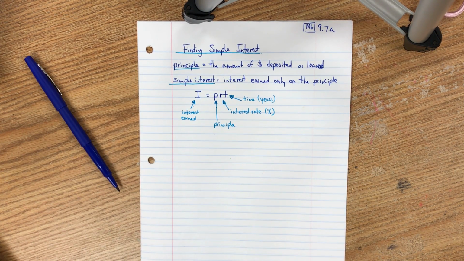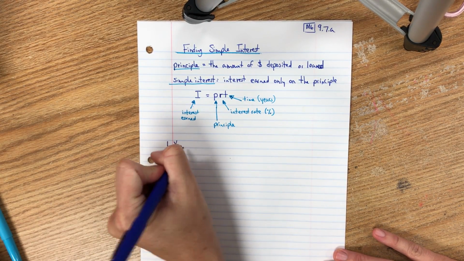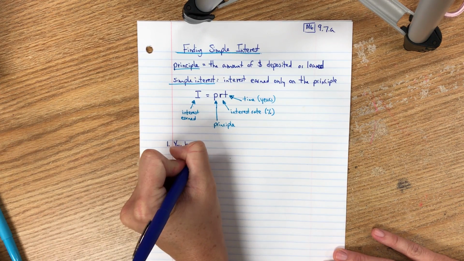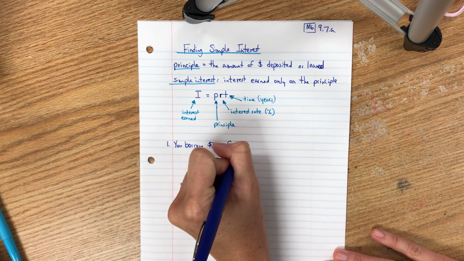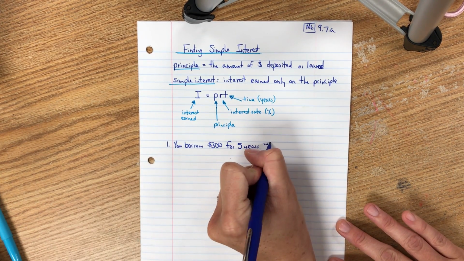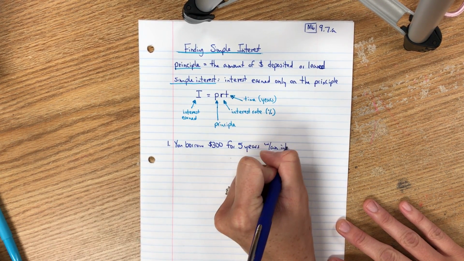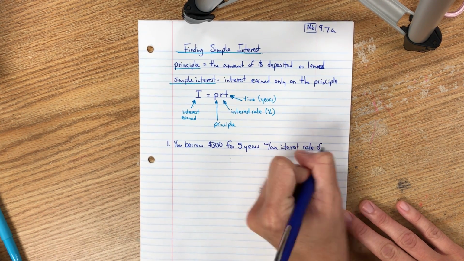So let's talk about a few scenarios here. Let's say that you borrow $300, okay? So problem number one is you borrow $300 for 5 years with an interest rate of 4%.